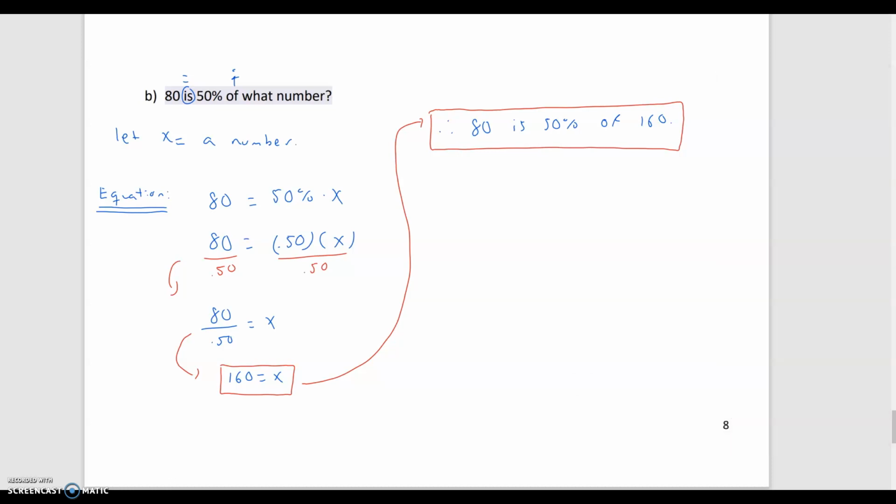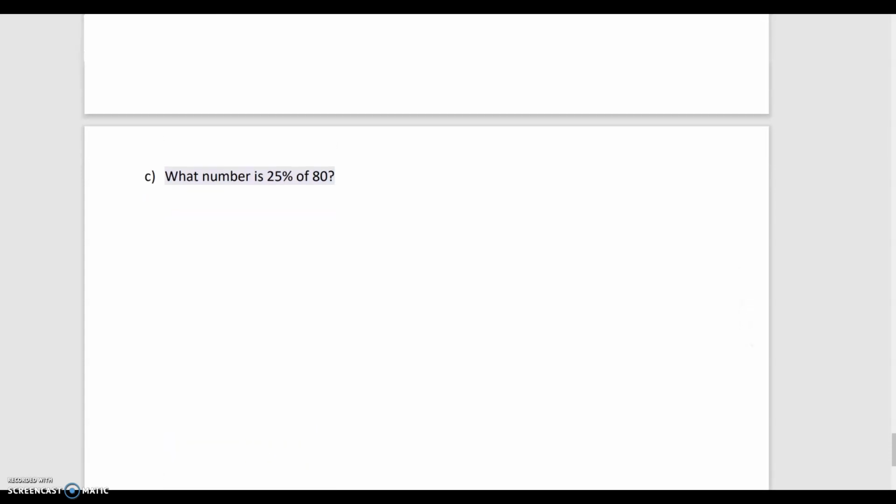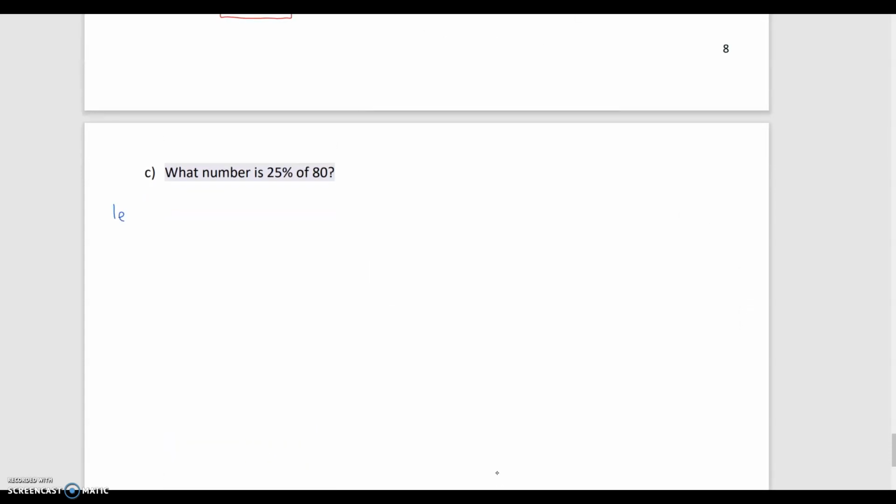Let's move on to problem C. Same setup. I'm just going to say let x equal a number. Once again, "is" is your equal sign, and "of" is your multiplication.